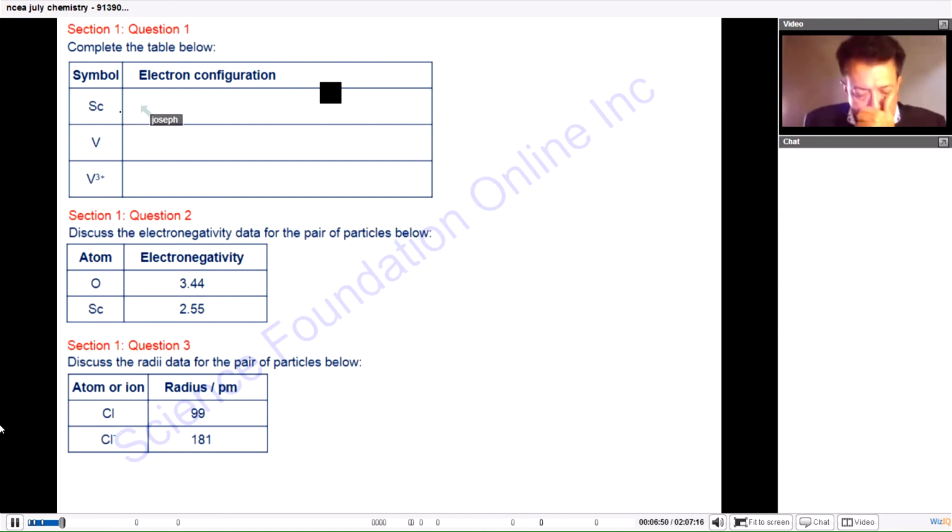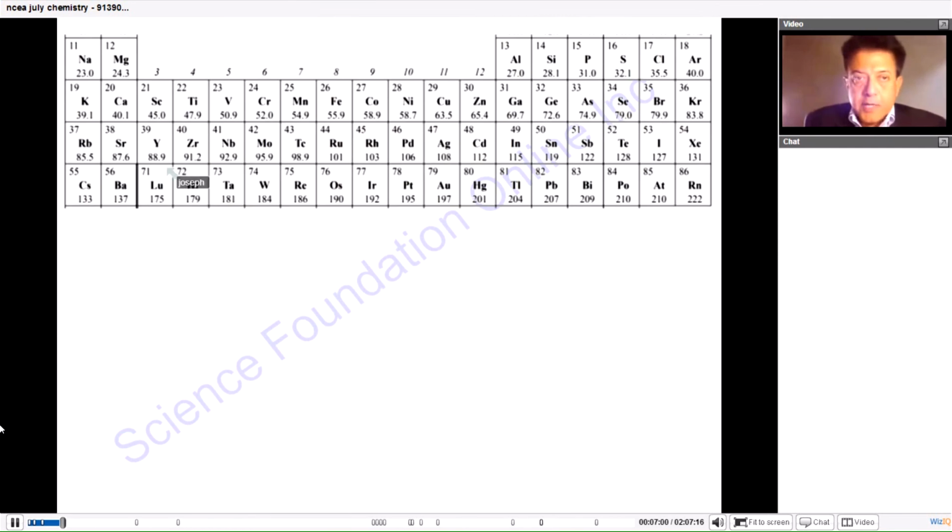Now to scandium, vanadium and vanadium 3+. Let's look at where these elements are in the periodic table. Looking at scandium here that I'm pointing to. And what happens with scandium? You've got the inert electron configuration of argon, that's the complete inside shell.